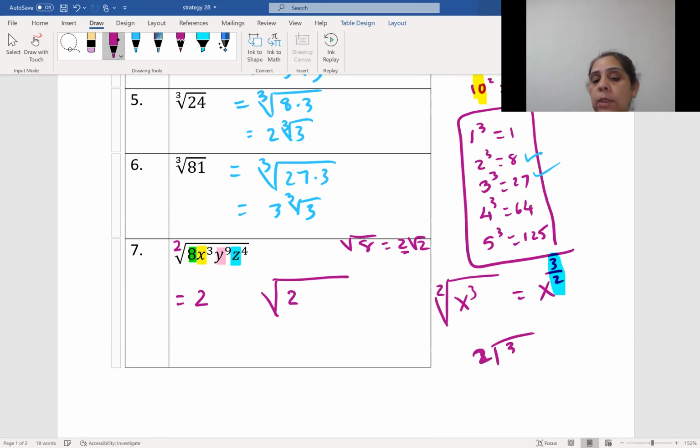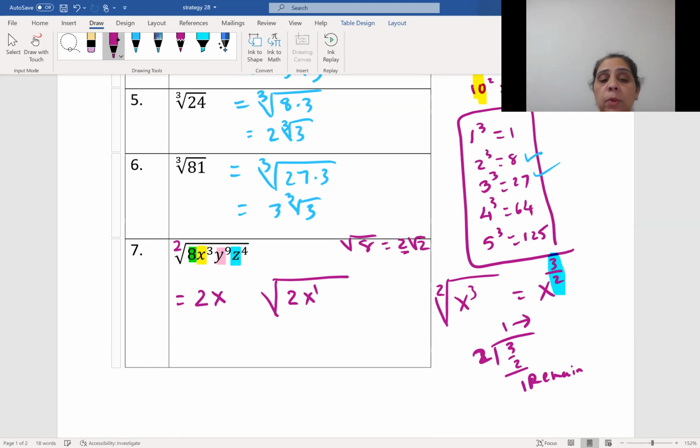How many 2 goes in 3? 1 time. So 1, right? That is my answer. This power goes outside. So here x goes out, and the remainder goes inside on x. 1 power goes outside. So how you will think about it, see we have x cubed, right? So x cubed means you write it 3 times. So this is 1 pair, it will come out.